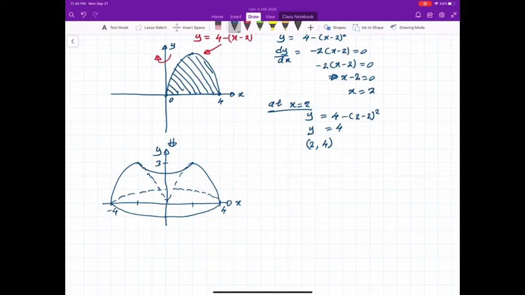So this is the shape. It's hollow inside. This is the outside of that.